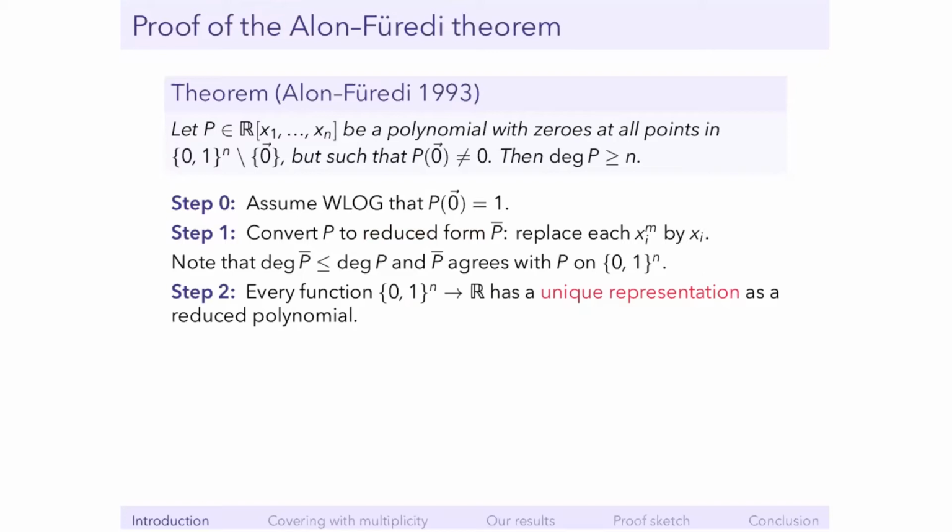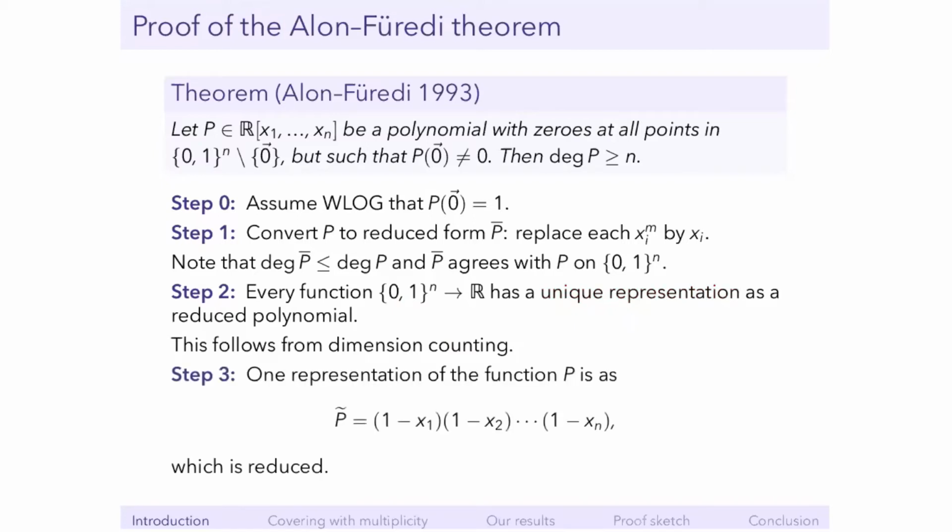And this you can prove just by linear algebra. It's just dimension counting. So the space of all functions has the same dimension as the space of all reduced polynomials, and that you can use to show this fact. So that's step 2.